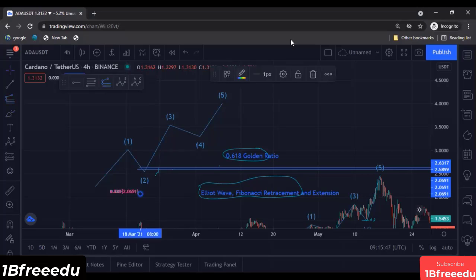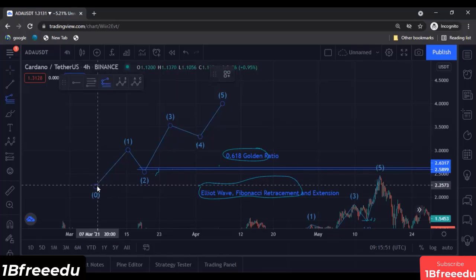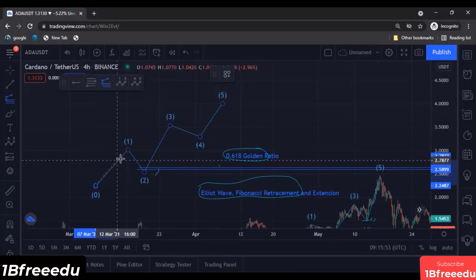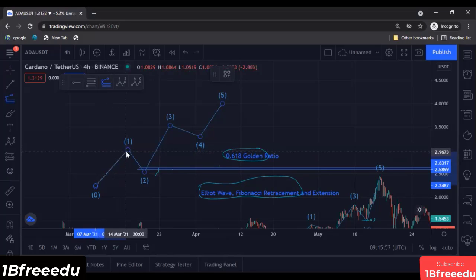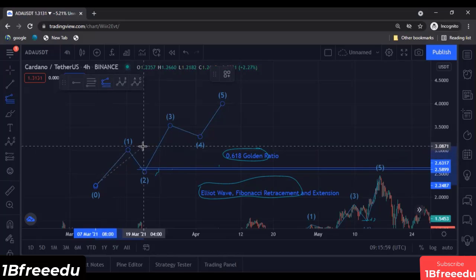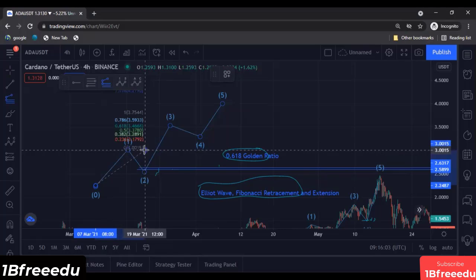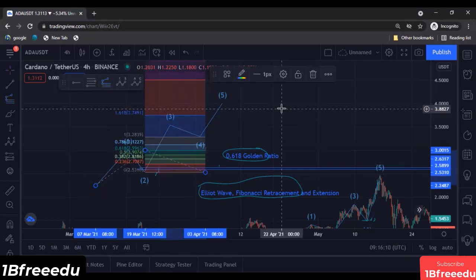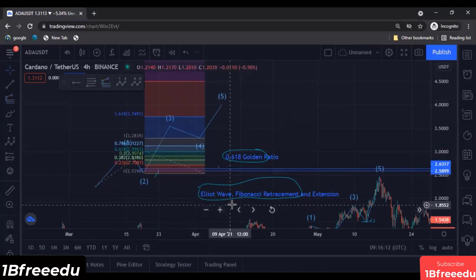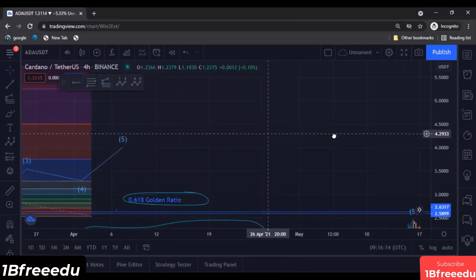So how to draw that correctly is this. You have to take it from 0 to 1. If you can see, there's a line going on. So you can take it from 0 to 1, because the price is right here, and the price of the second one is going right there. Let me zoom in a bit.